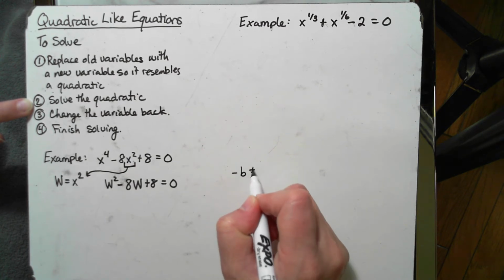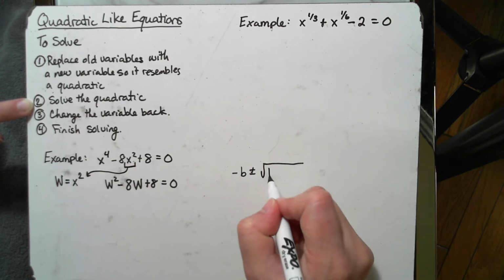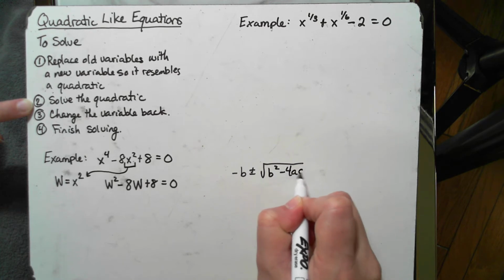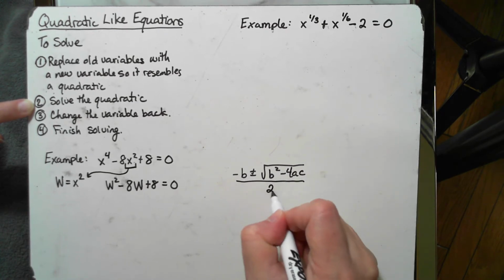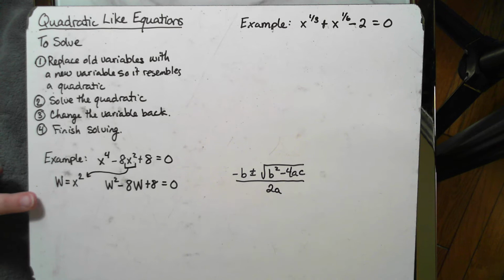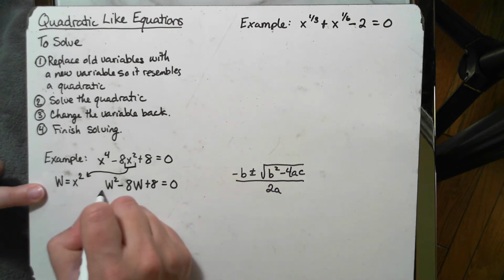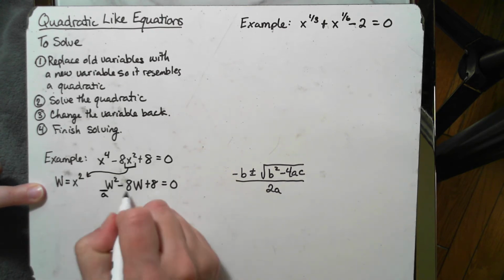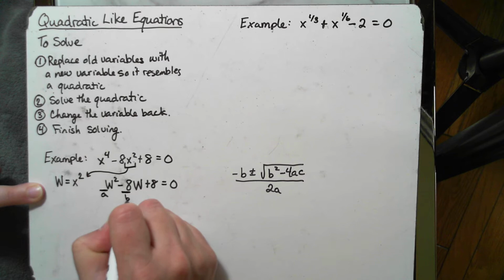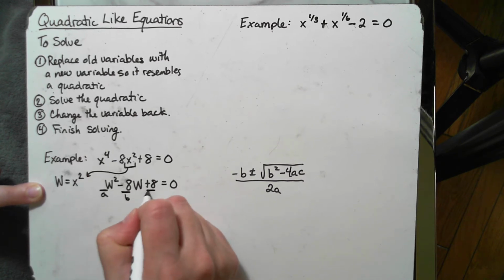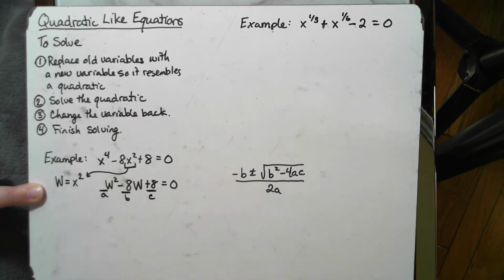Negative b plus or minus the square root of b squared minus 4ac all over 2a. Okay, next I need to solve this using this quadratic formula. Now just a reminder, this coefficient is a, this coefficient is b, the negative 8, and this number is c.